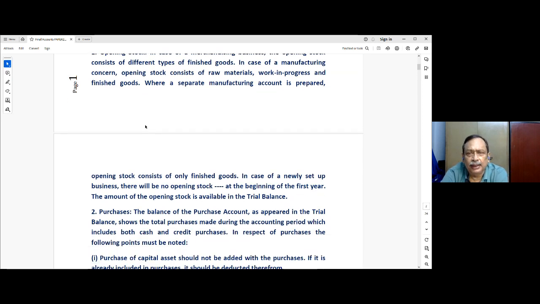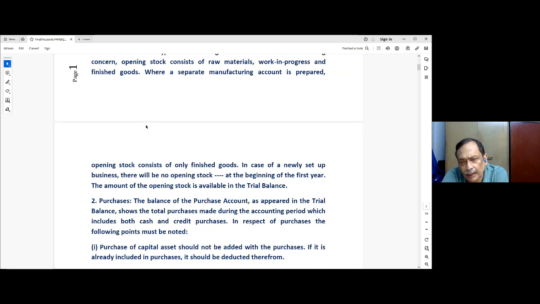Where a separate manufacturing account is prepared, opening stock consists of only finished goods. In case of a newly set up business, there will be no opening stock at the beginning of the first year. The amount of the opening stock is available in the trial balance.